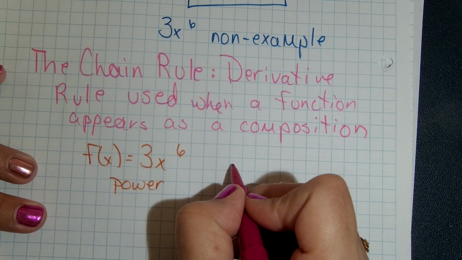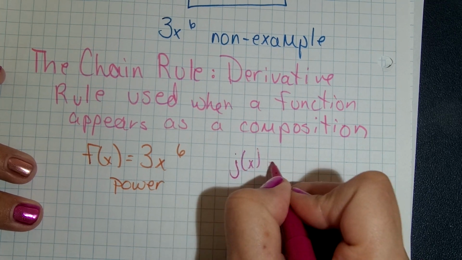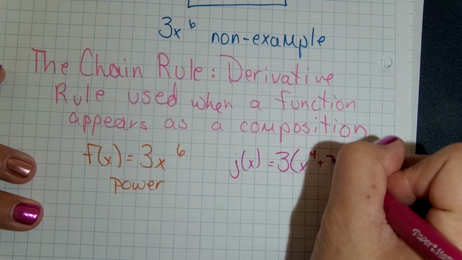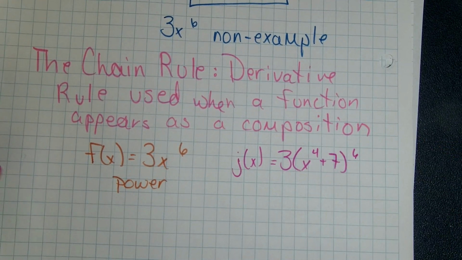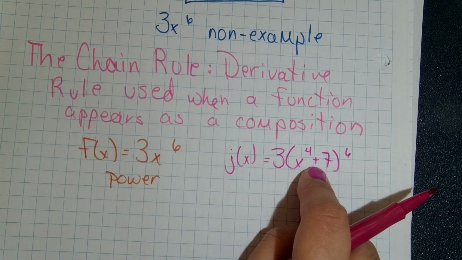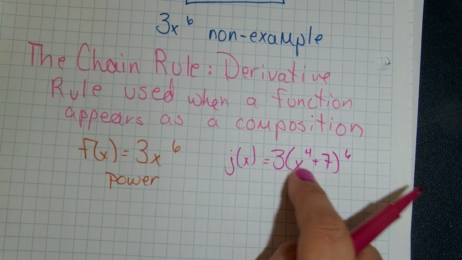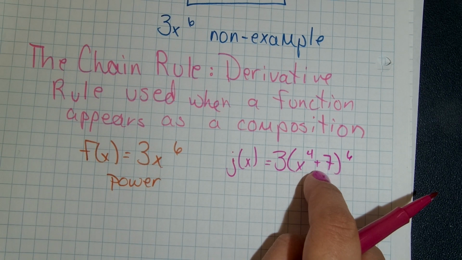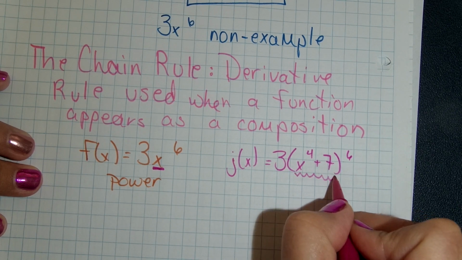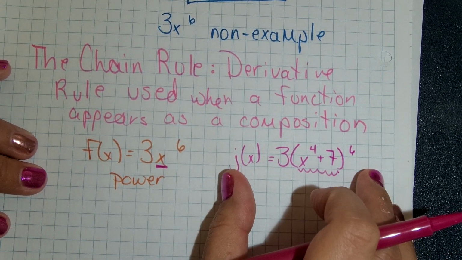If I had j of x equal to the function that I had up there, I cannot use the power rule because I have other terms inside of my x. So my x is then replaced with this function here. So that is a composition.